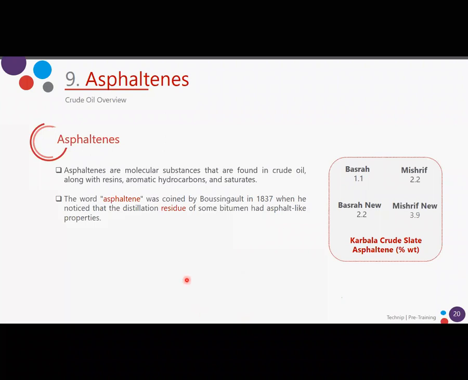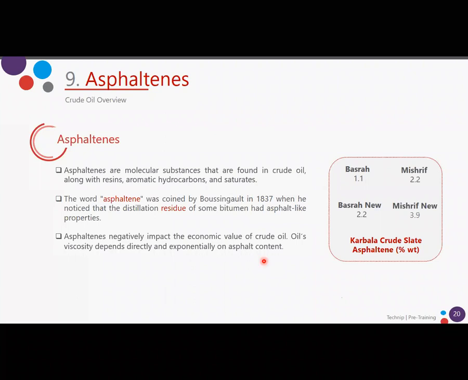The word asphaltene was coined by Boussingault in 1837 when he noticed that the distillation residue of some bitumen had asphalt-like properties. The asphaltenes negatively impact the economic value of the crude oil. An oil's viscosity depends directly and especially on asphaltene content.